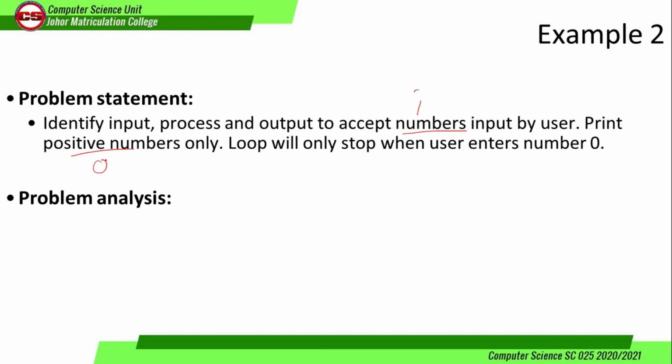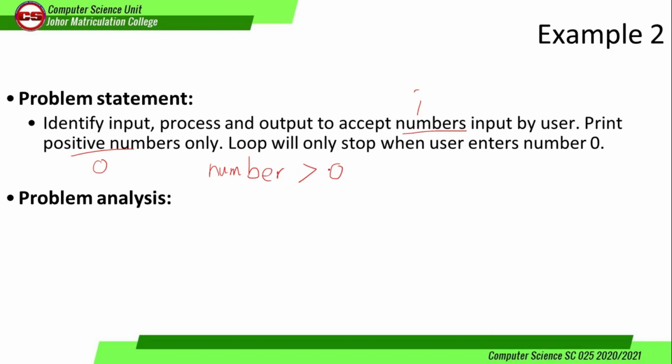Okay, so how do we determine a positive number? So number greater than 0. So this one is a selection. Okay, after you accept a number, you determine is the number greater than 0 or not.